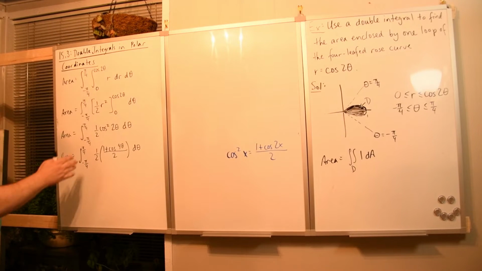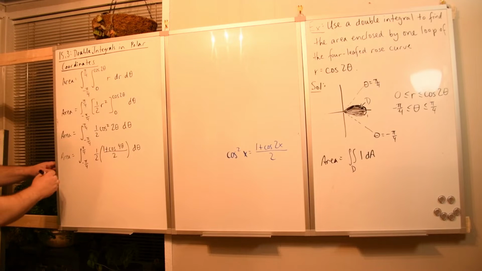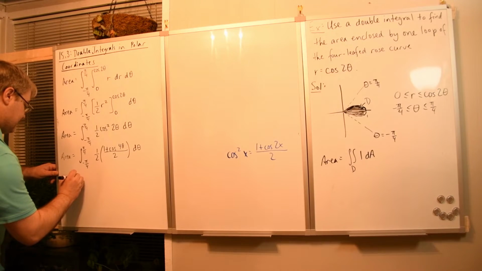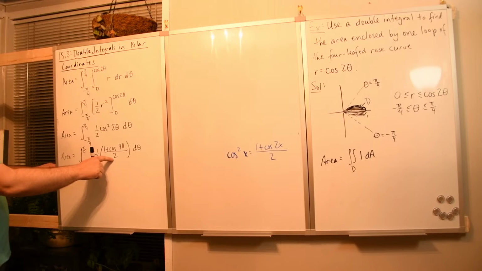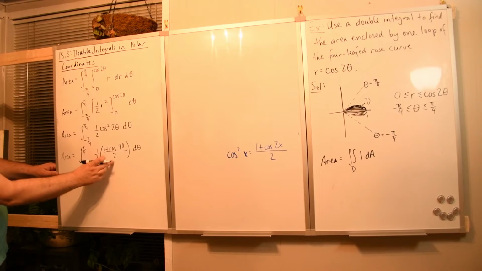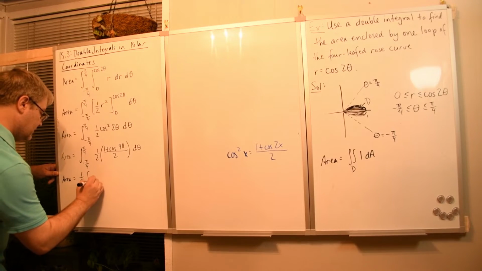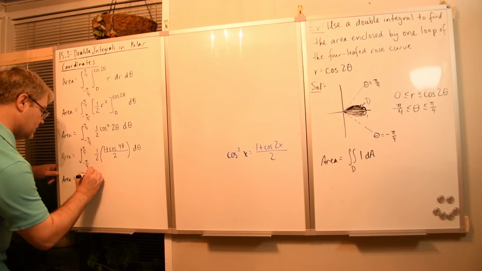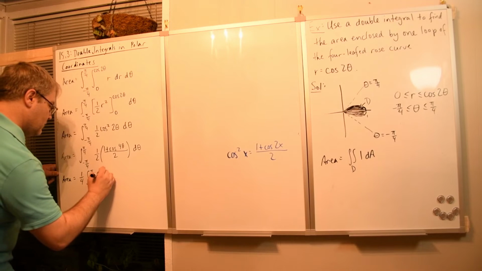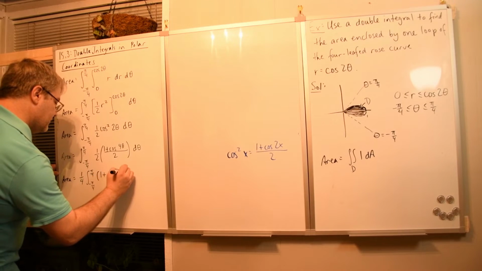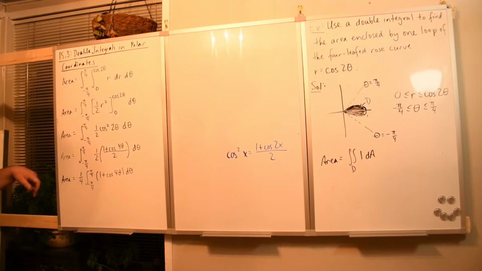So that's how we're getting this. The 1/2, and you got a 2 in the denominator here, so you can multiply these together. You'll have a fraction of 1/4, which you can always pull out to the outside. And then you'll have the 1 plus cosine 4 theta to integrate.